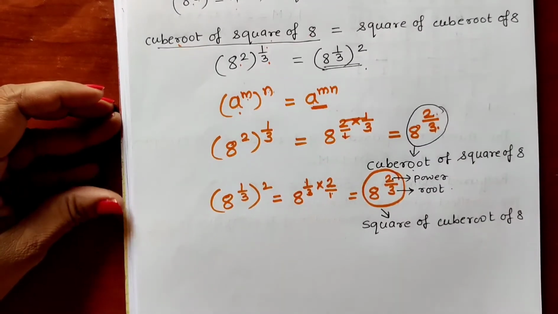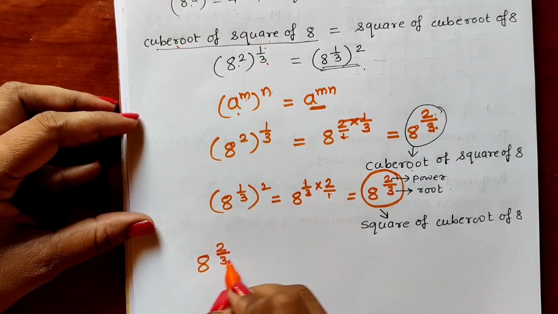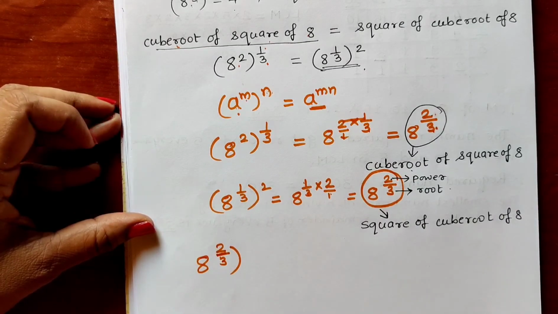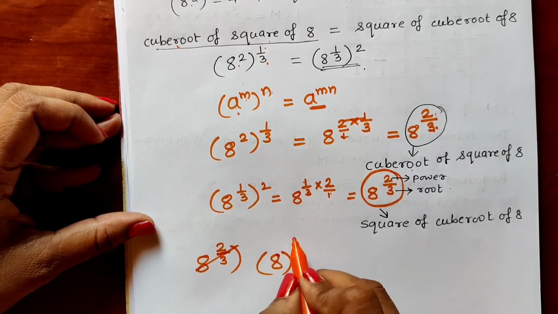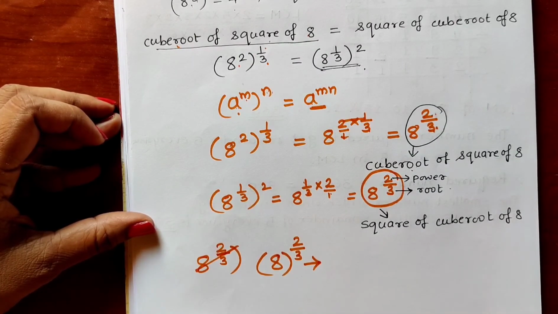So the same number, 8 raised to 2 upon 3, can be expressed in words in two different ways.